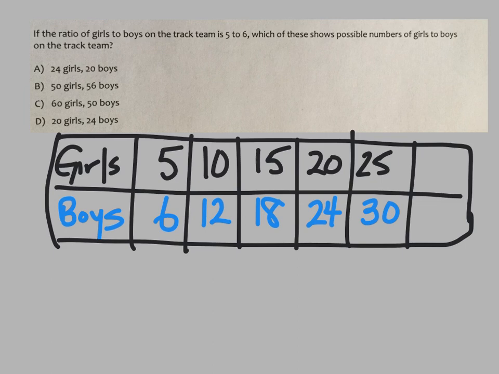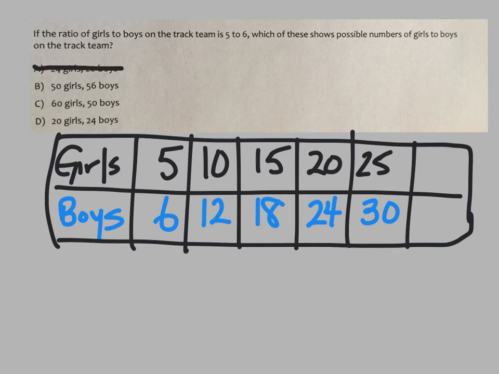No. Plus, look at the girls. Each and every time, the number of girls is less than the number of boys. So would 24 girls have fewer boys? No, I would need to have more boys. So it's clearly not A.